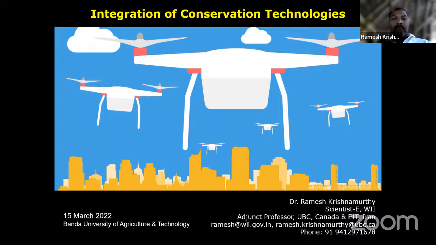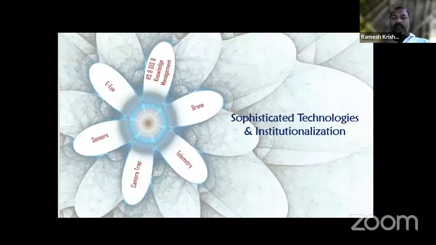In my presentation, I'll be touching upon some of the important cutting edge technology that are being used now or under development. So it's one of the modern kind of tools that we've been using in wildlife management. So in this particular discussion, I'm trying to see how we can integrate technology as a regular management or research tool.